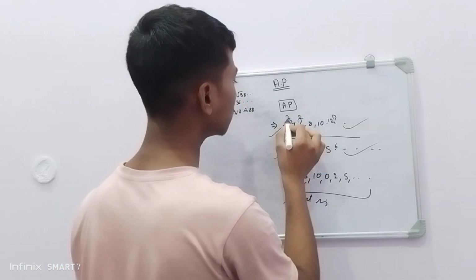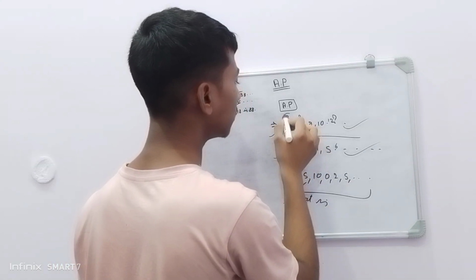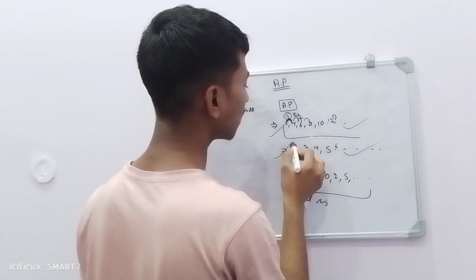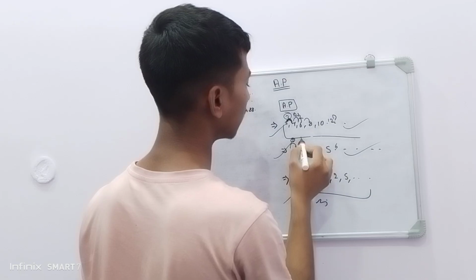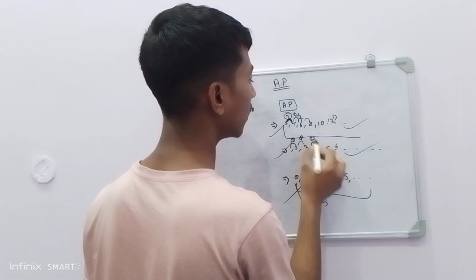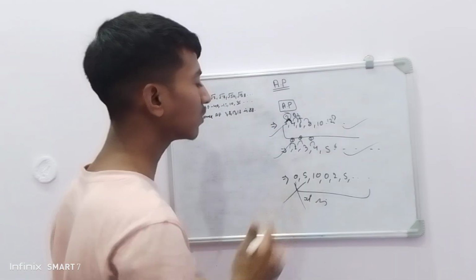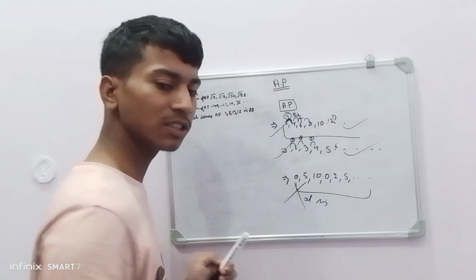Here you can see that a particular number, 2, is added each time to get the next number. In the other example also a particular number, 1, is added each time. So both are APs, because a particular number is added or subtracted.